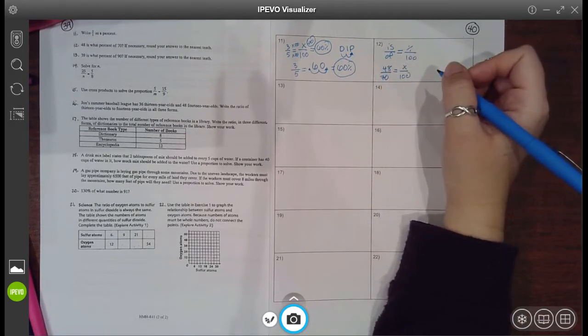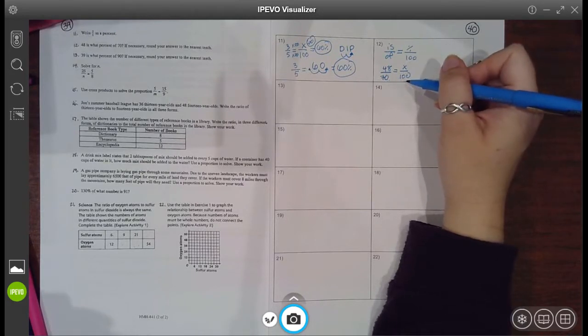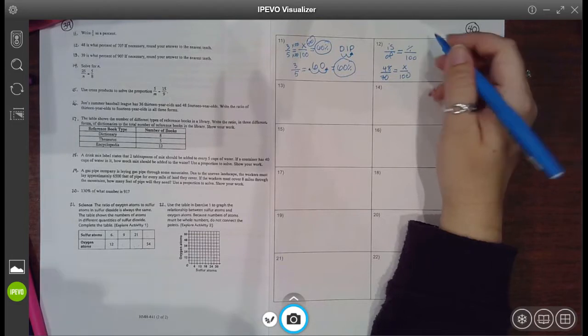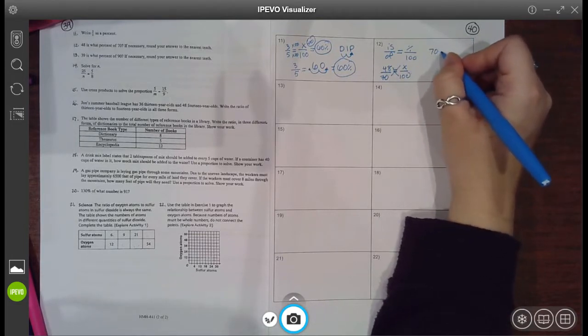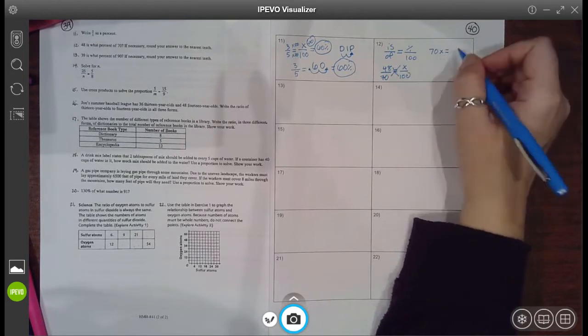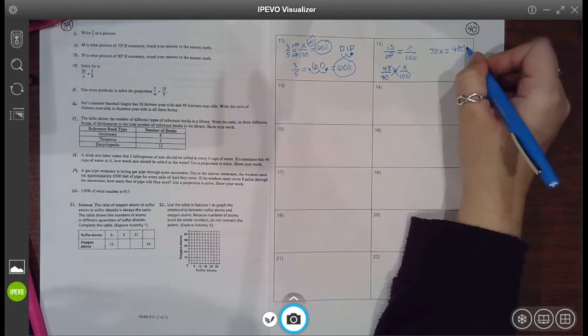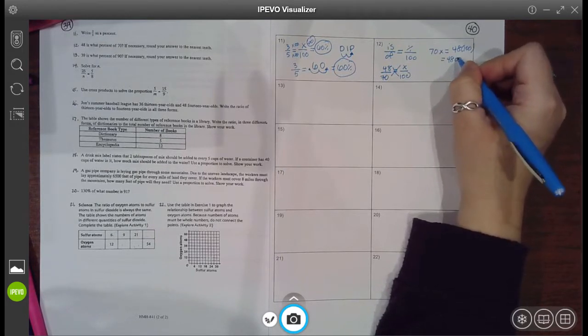Now that I have this, can 70 times something equal 100? No. So let's do cross products. So 70 is across from x, and those get multiplied together. Set that equal to 48, which is across from 100. Well, 48 times 100 is 4,800.